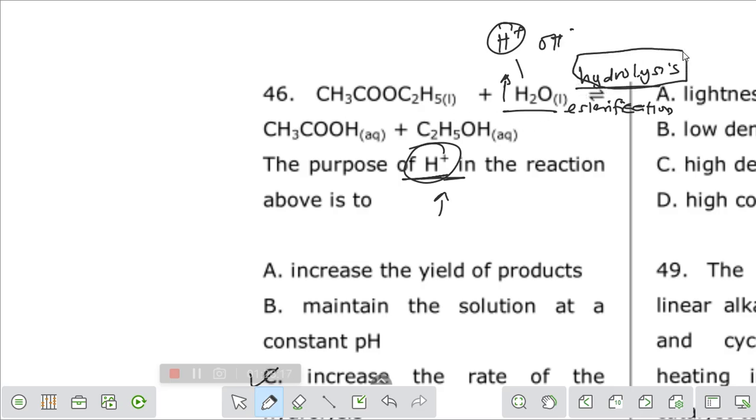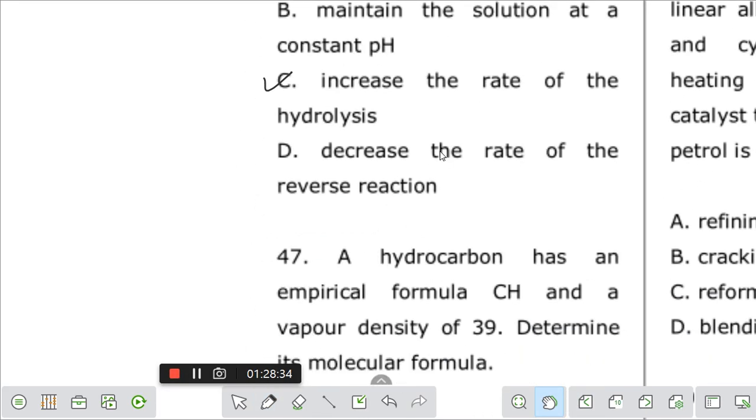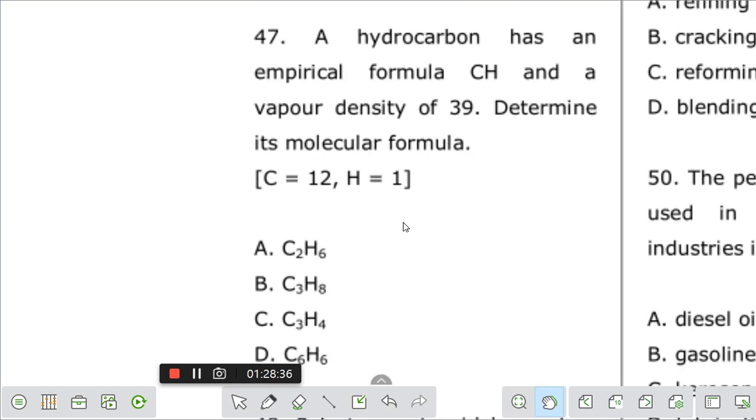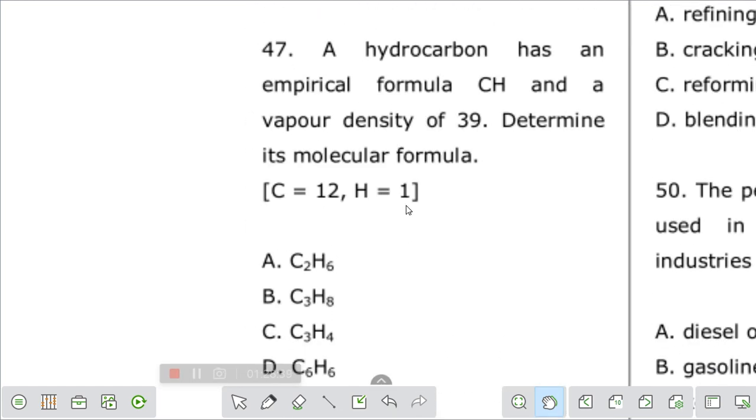It will help to increase the yield of this hydrolysis, because H plus is in the reactant. So it will help us to increase the rate of hydrolysis, which is the forward reaction. Although it is still synonymous with option A, if you want to be very specific, we just say it will help in increasing the rate of the forward reaction.